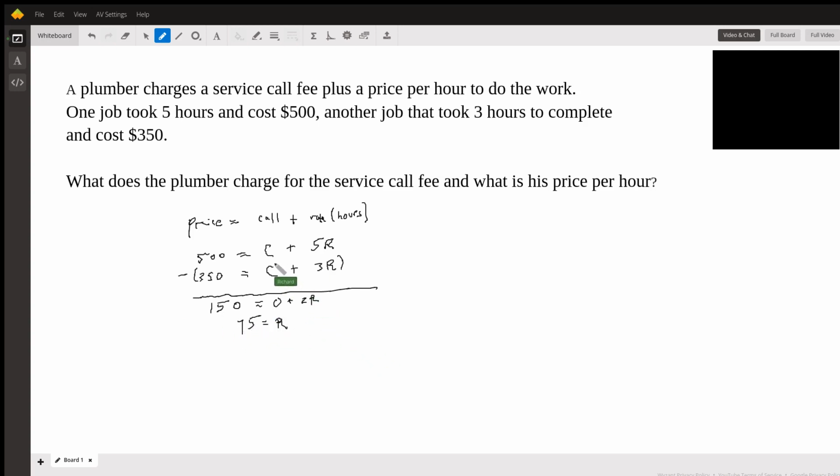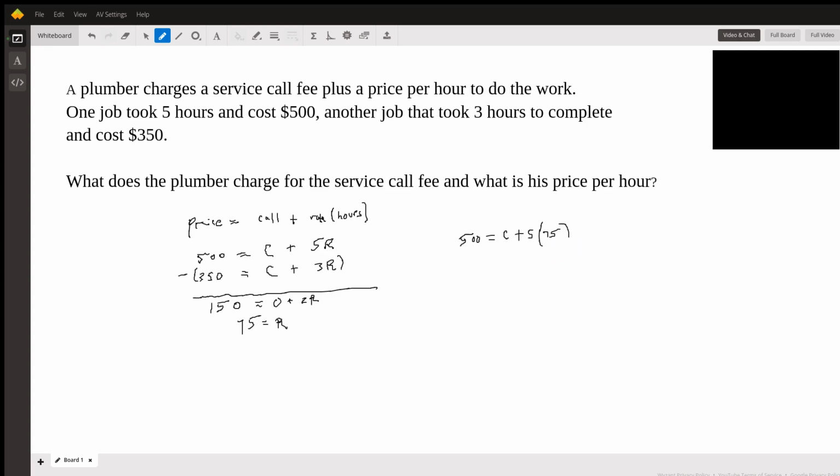Now, if we want to find the amount that he charges for a house call, we can use either one of these equations, but we'll go back and use the top equation. So do this over here. So we're going to have 500 is equal to C plus 5 times R, but now we know that R is 75.